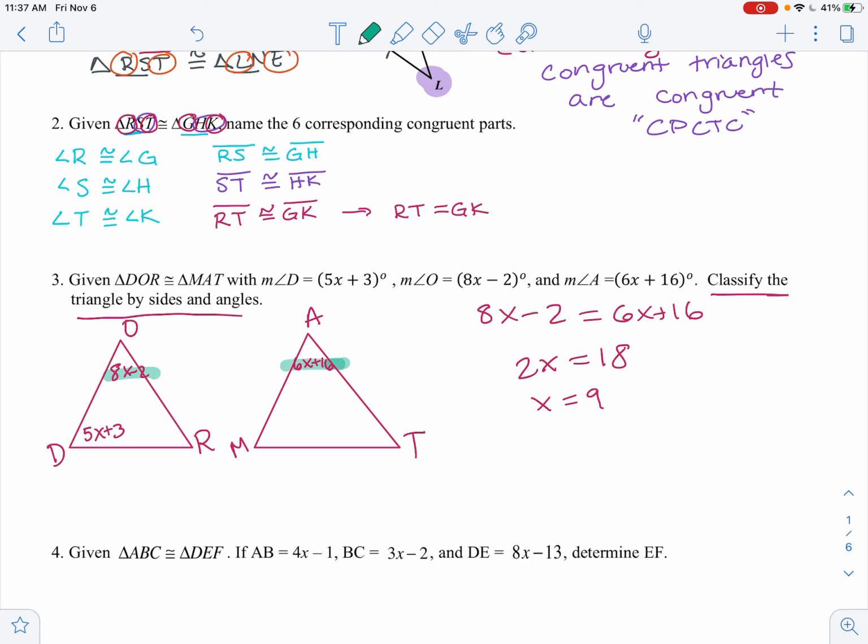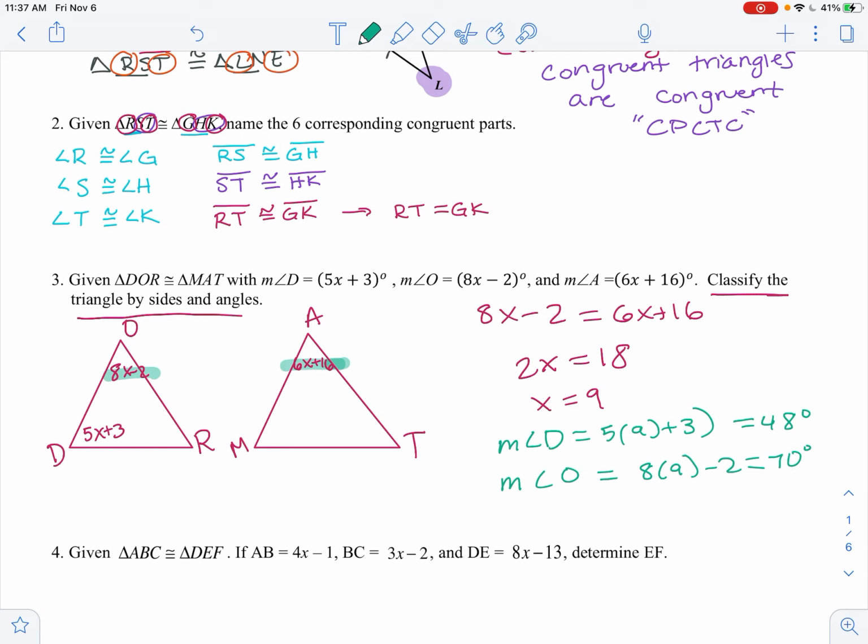So I'm going to go ahead and substitute in. So if I substitute 9 into the measure of angle D, I get 48 degrees. If I substitute into angle O, I'm going to get 70 degrees.